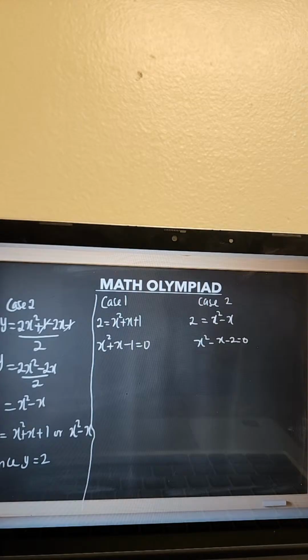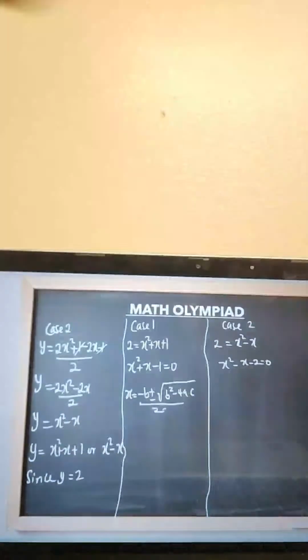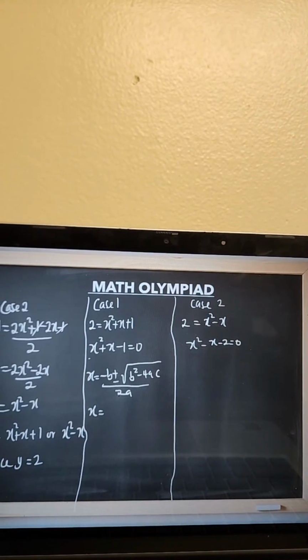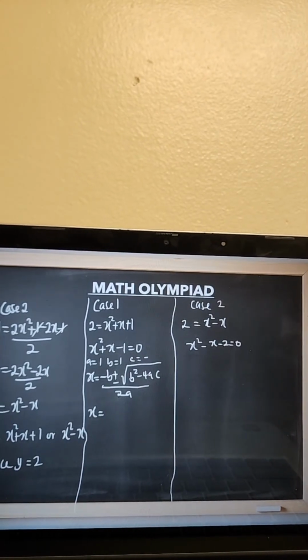Now, solving quadratically, I'm going to split this into 2 and use the quadratic formula to solve. Using the quadratic formula, x equals minus b plus or minus root b squared minus 4ac over 2a. Here a equals 1, b is 1, and c is negative 1.